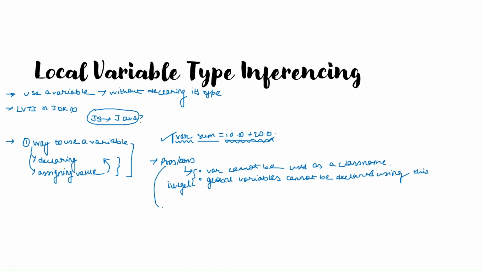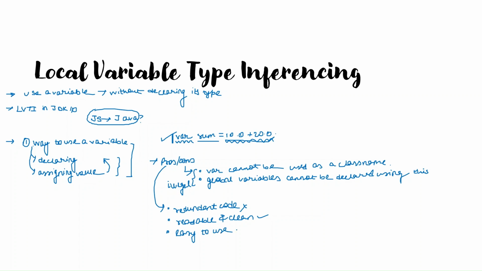What are the pros of it? The pros are simply that you can avoid redundant code. Then you can make your code really readable and clean, because you don't really need to specify the data type for complex expressions or complex mathematical expressions, and the fact that it's easy to use.